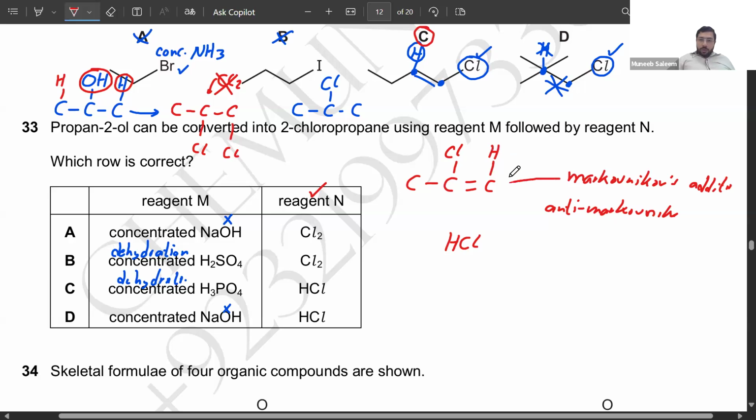So Markovnikov will show this compound which is the required compound. So hydrogen is added on the right carbon, and chlorine is added on the central carbon. And that's how you get a single bond between them. So this is the 2-chloropropane. Which means that HCl is added in the second step, which means that the correct option becomes option C, having 2 ticks in a row.